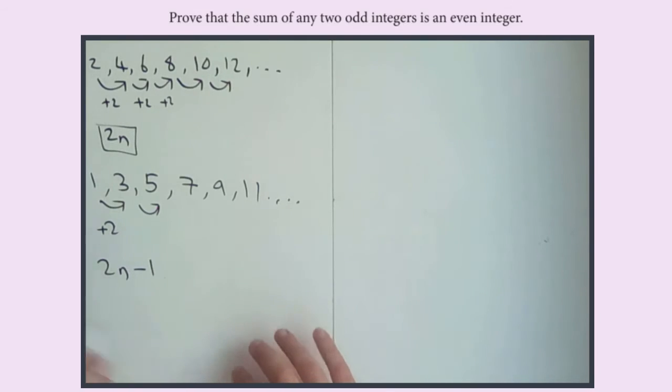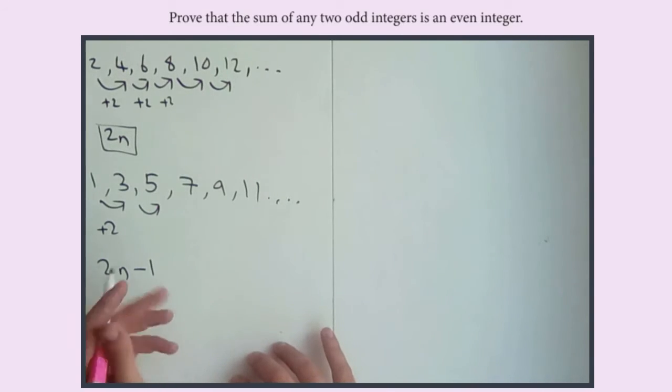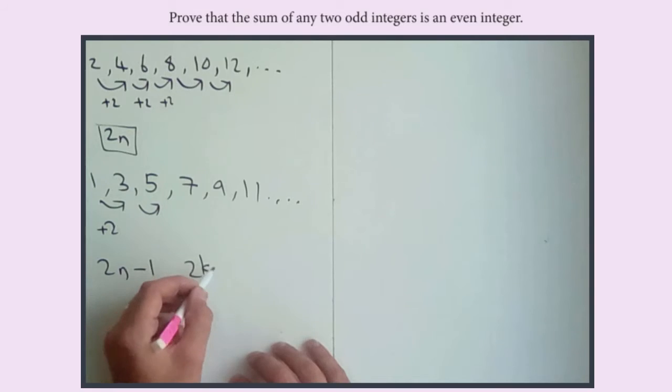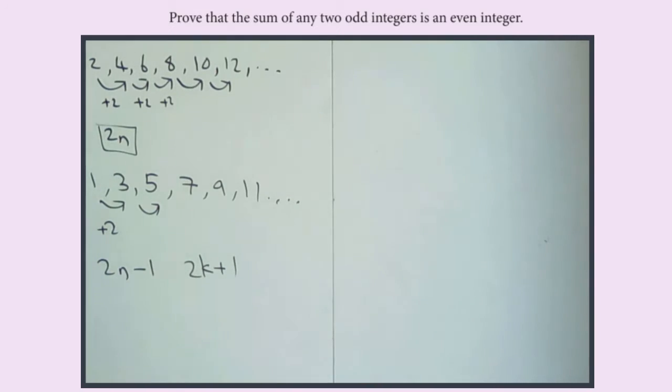So if you're asked for any odd number, you can use maybe 2n minus 1, where n's an integer, 2k minus 1, or you could even say, well, what about 2k plus 1? That would also give you an odd integer, because if you think from minus 1 to plus 1, it skips 2, which is what you need to do to get from one odd number to the next.